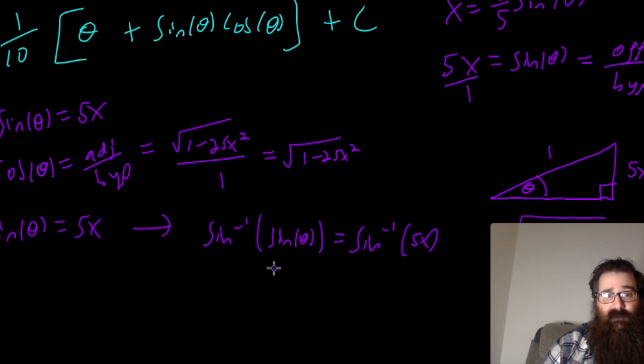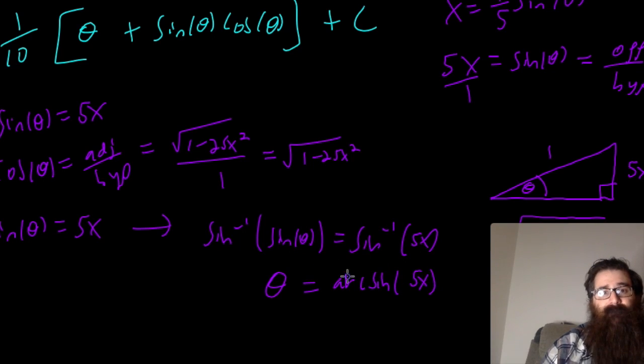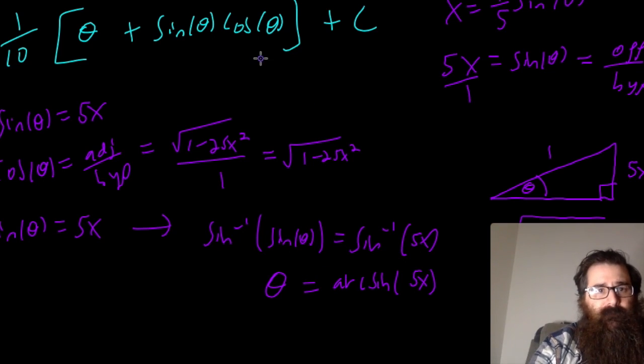And we would say theta equals sine inverse of 5x. Or I usually prefer to write arc sine. I think sine inverse can sometimes be confused with reciprocals, which it is not. If you want to use sine inverse, then use arc sine instead. So theta is just the arc sine of 5x, which isn't really too much work. It's just finding an appropriate substitution for it.